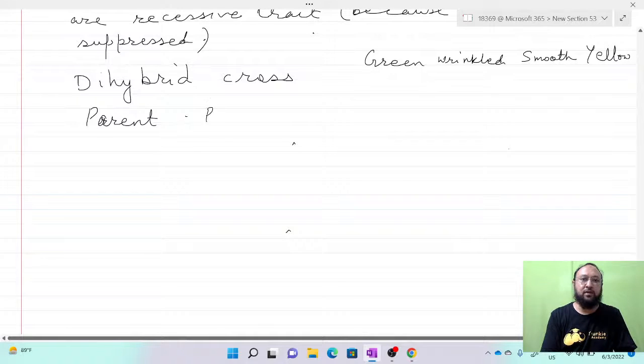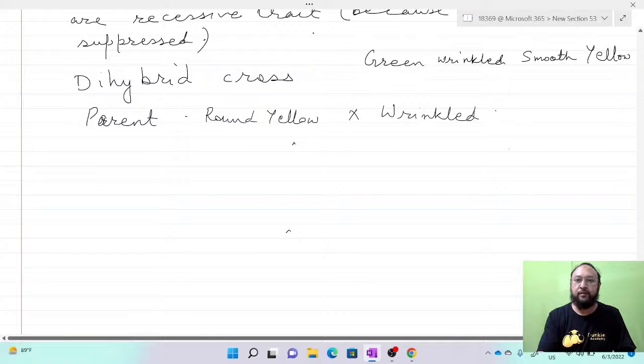So round, or you can say smooth. Round yellow into wrinkled green, sorry, green is the recessive here.